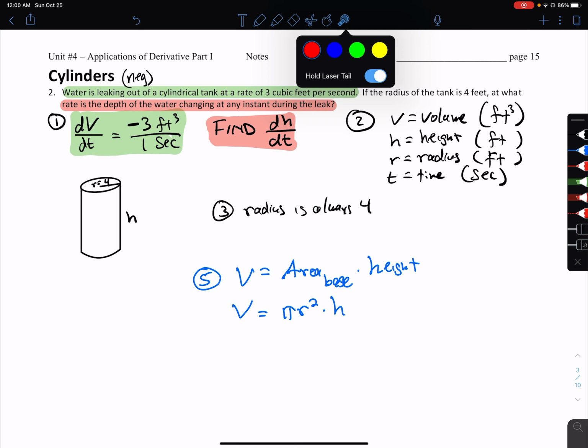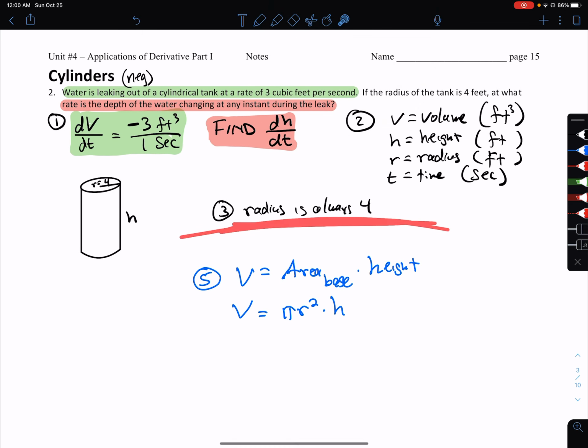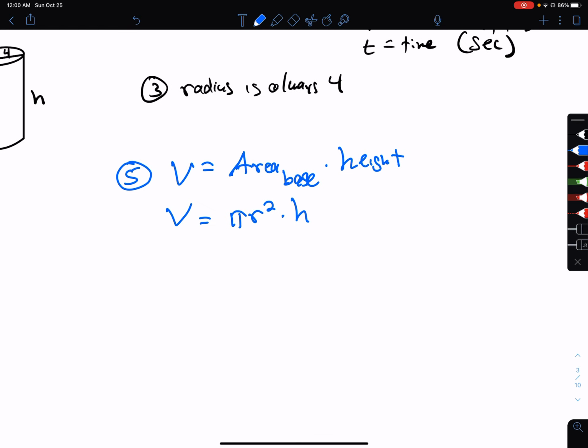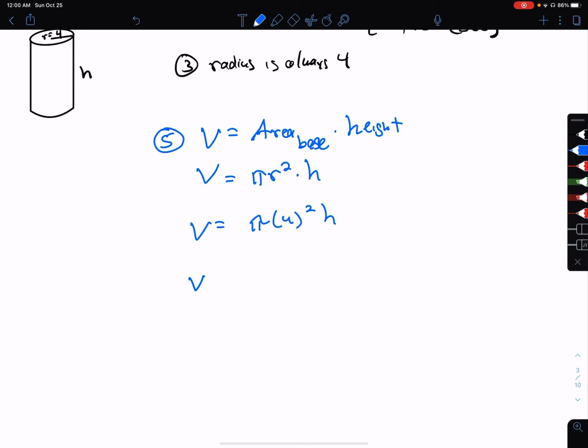So for example, in this problem, we are told the radius is always 4. Always. So before we take the derivative, it is imperative that we change this so that it's 4 squared. How much easier does that make the problem? A bunch easier. Because now we only have the equation in one variable. If the equation's in one variable, it is much easier than if it's not in one variable.